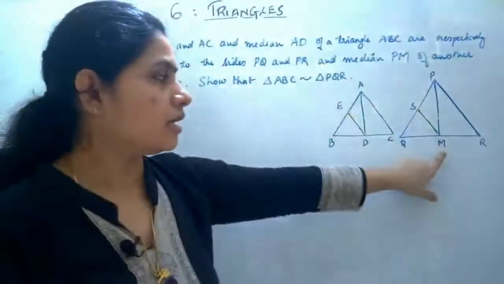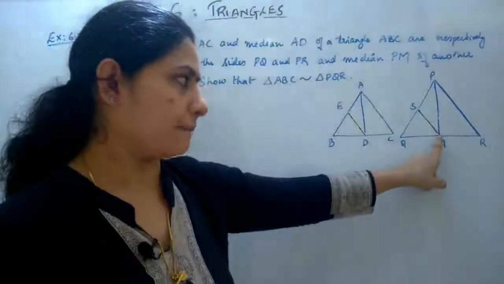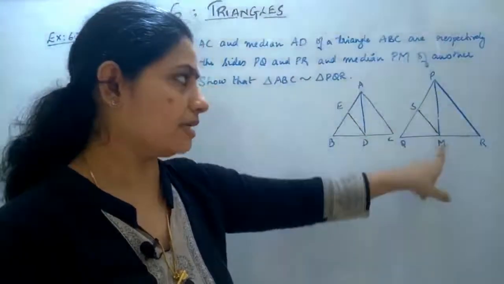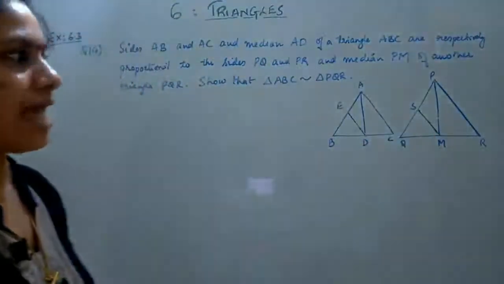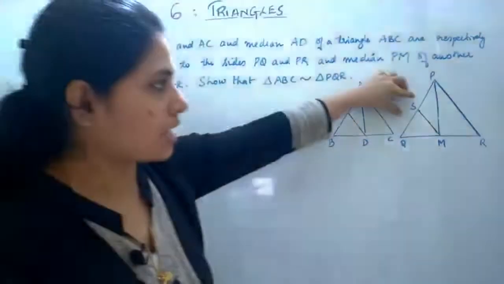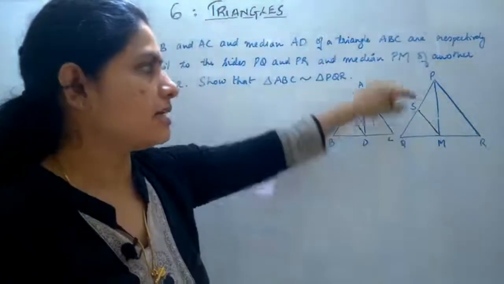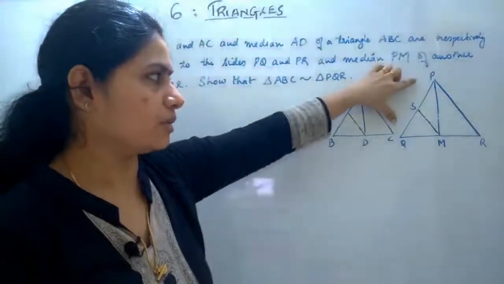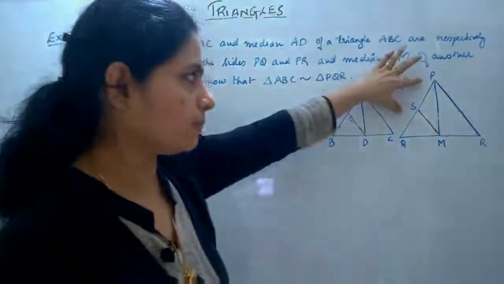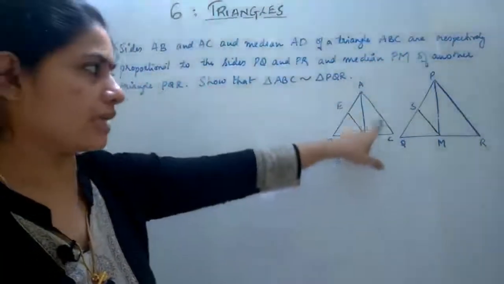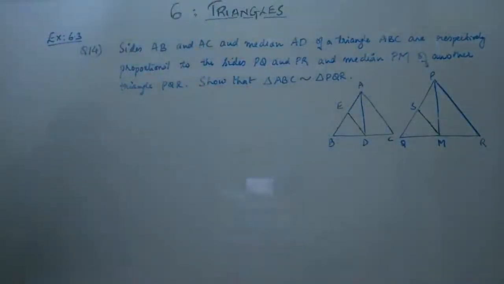Similarly, PM is the median, so M is the midpoint of QR. From M we draw a parallel SM to PR, touching PQ at S. Again by the converse, S is the midpoint of PQ, that is, the line SM bisects the third side PQ. Now ED will be half of AC and SM will be half of PR.